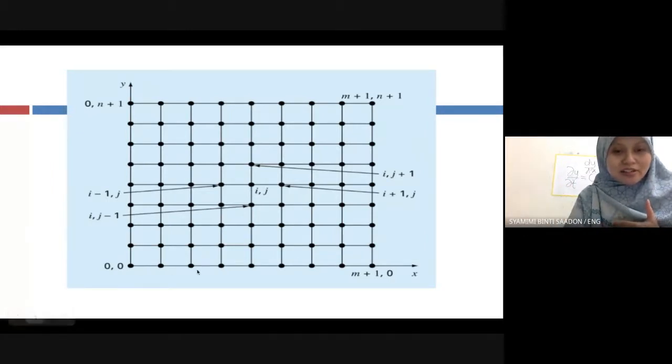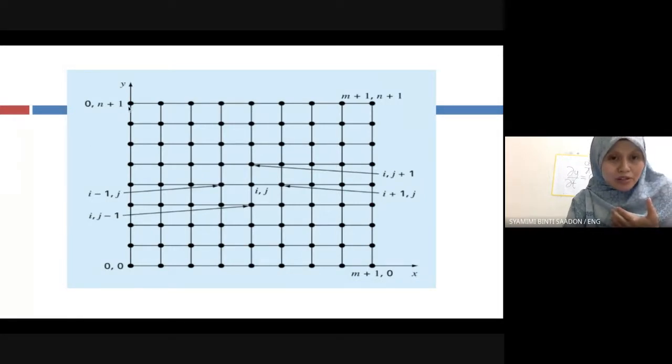All these black points are called nodes. For example, we have m plus 1 nodes along the x-axis and n plus 1 nodes along the y-axis. So for example, we have a plate, a heated plate, like this.